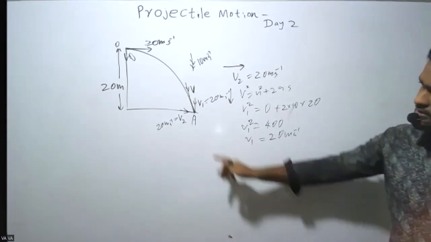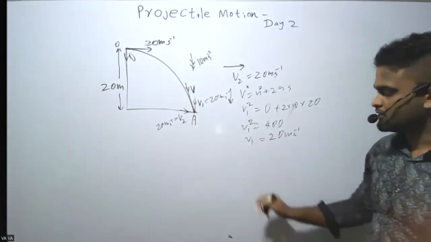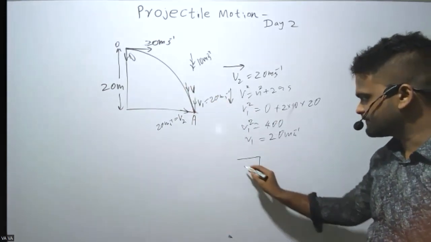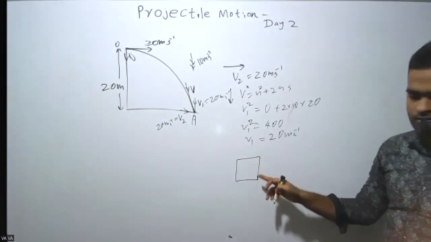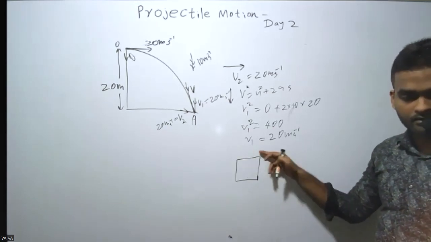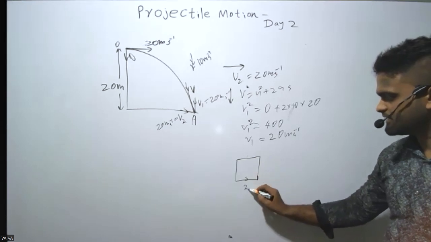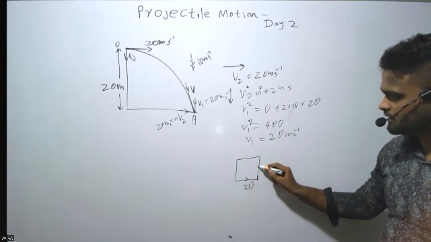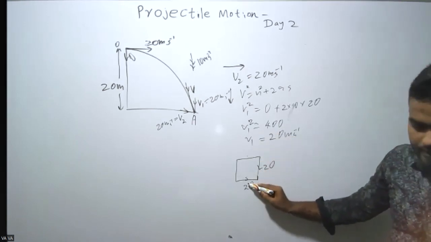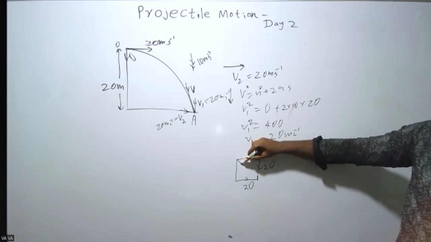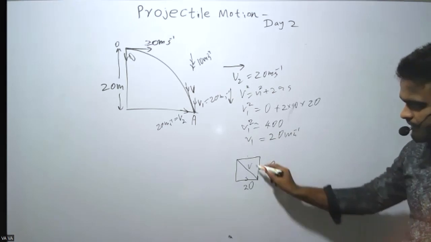So what they ask is none of these but this V, right? So you can draw a rectangle to this. We know there's 20 to this side and 20 to this side. So the resultant of these two velocities should be the diagonal, right? You can use Pythagoras theorem and find this velocity.